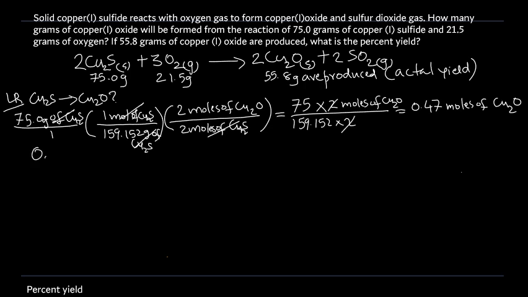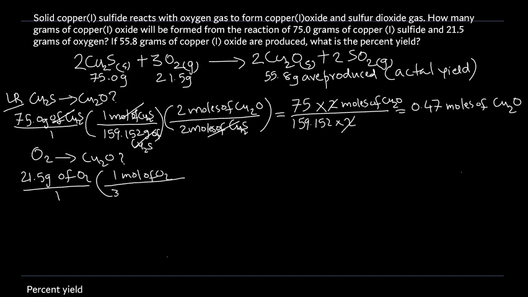Okay, so for that one I have 21.5 grams of oxygen given, divided by 1, and I can convert that into moles. So we know in 1 mole of oxygen, the molar mass of oxygen is going to be 31.98 grams of oxygen, right?